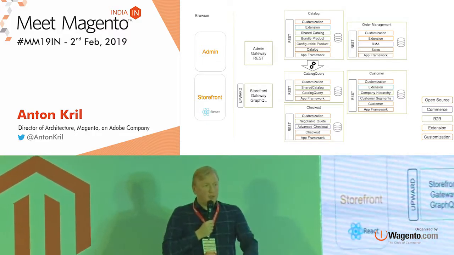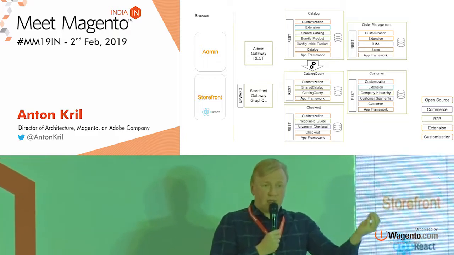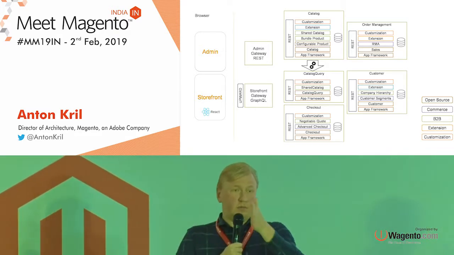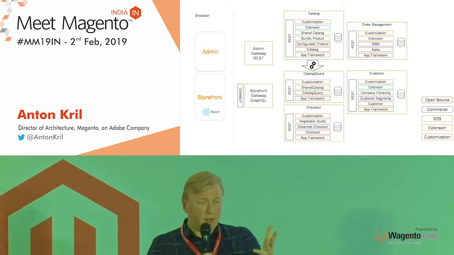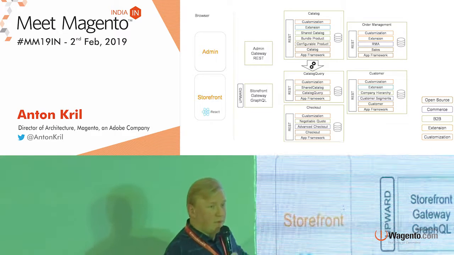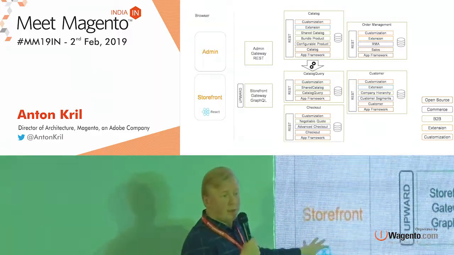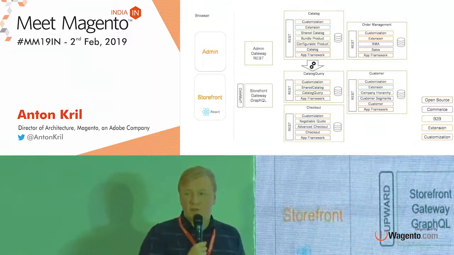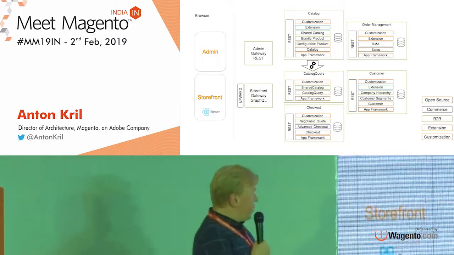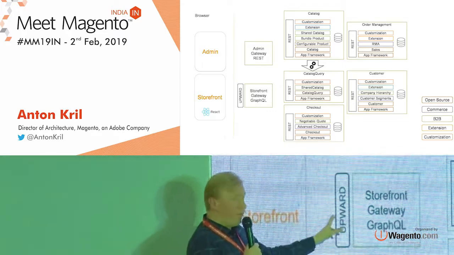Where front-end application is written in JavaScript, in React, you can write it independently, and you are isolated from backend by APIs, right? So this is very important, very huge, and we are already releasing first iteration of this product, right?